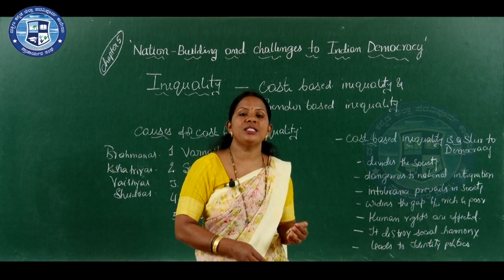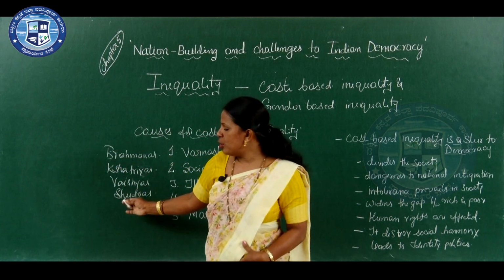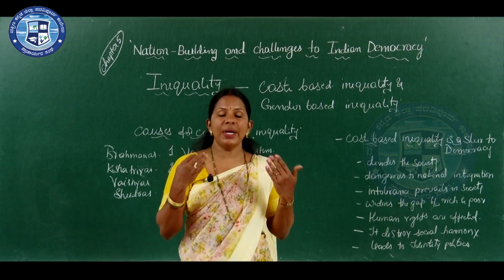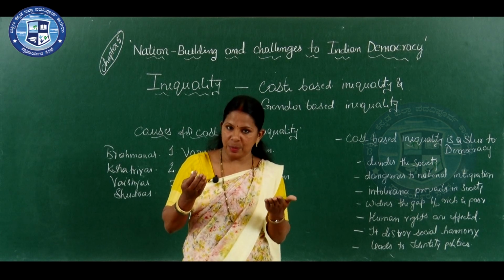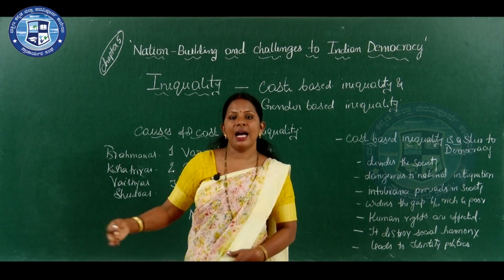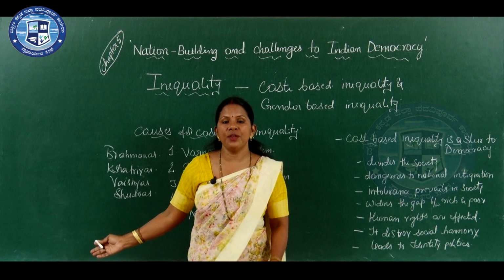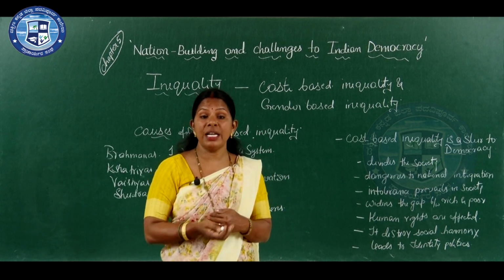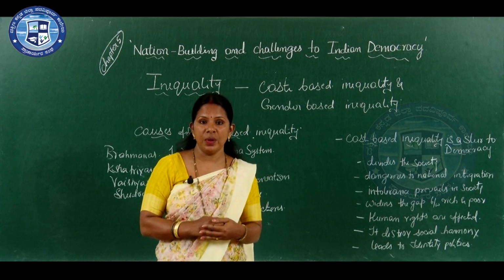Brahmins are considered the upper caste and the Shudras are considered the lower caste. Upper caste people get all the privileges in the society and the lower caste people are denied the opportunities. This caste system prevailed in India with the laws of Manu.